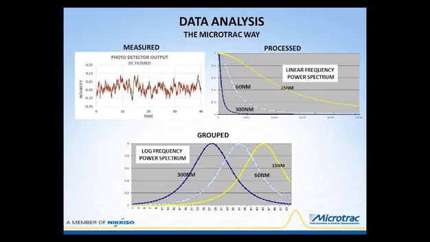So the three representative power spectrums in linear space change shape, but if they're grouped in this logarithmic progression, the shape is the same for all sizes, and it just shifts on this channel scale.